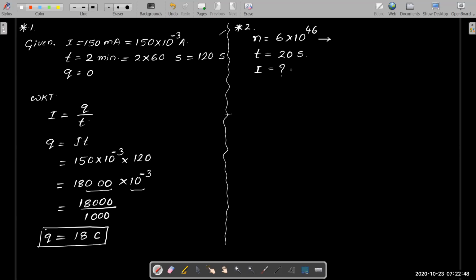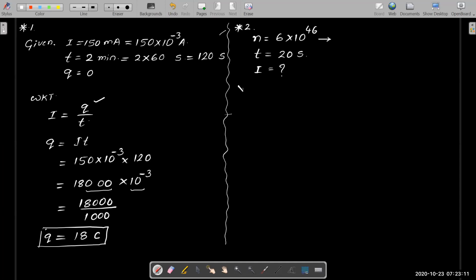I can be calculated only if I know Q. Using the formula I is equal to Q divided by T, I can calculate I if I know Q. But here I don't know Q also. Therefore, before going to I, first we have to find what is Q.